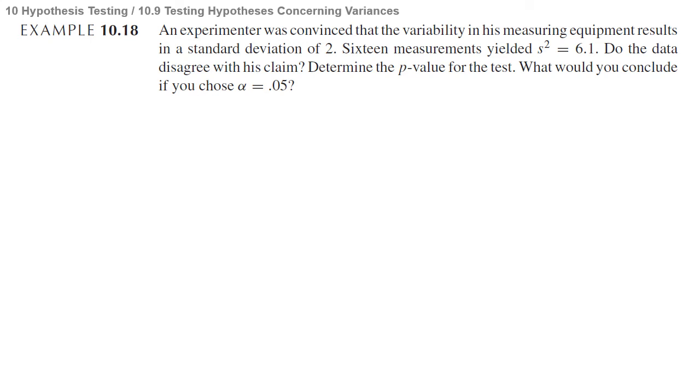Okay, let's move on to example 10.18. An experimenter was convinced that the variability in his measuring equipment results in a standard deviation of 2. 16 measurements yield S squared equals 6.1. Do the data disagree with this claim? Determine the p-value for the test. What would be your conclusion if you choose alpha equals 0.05?